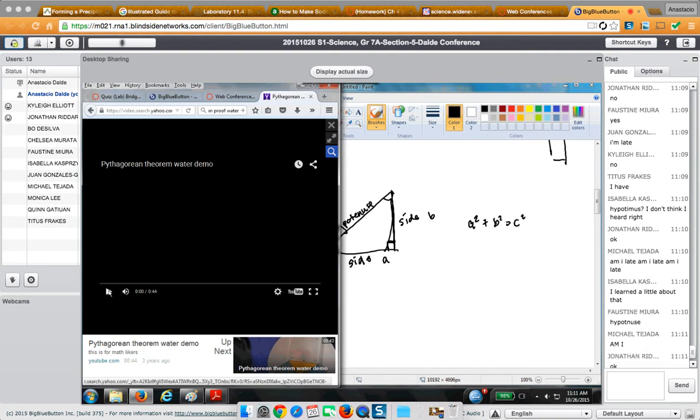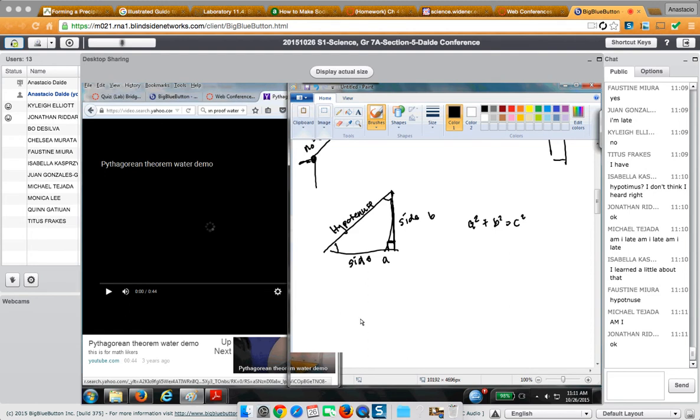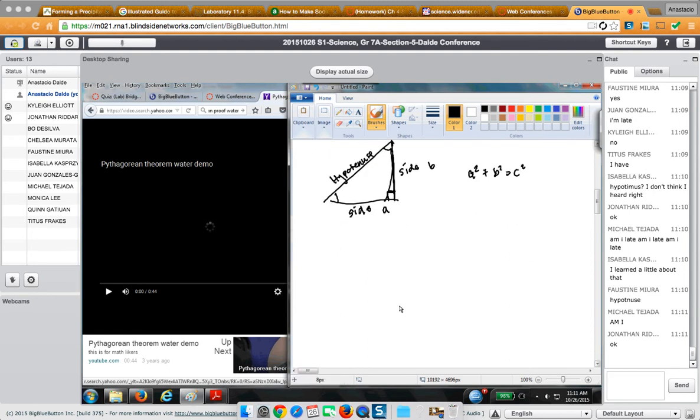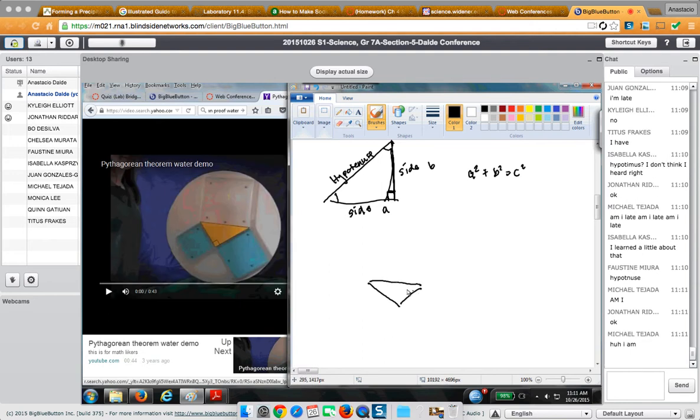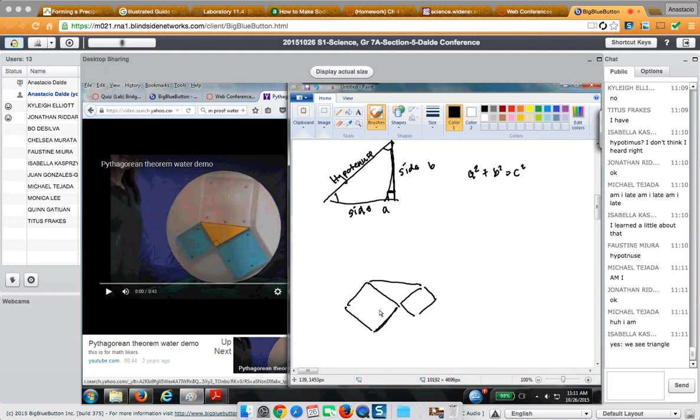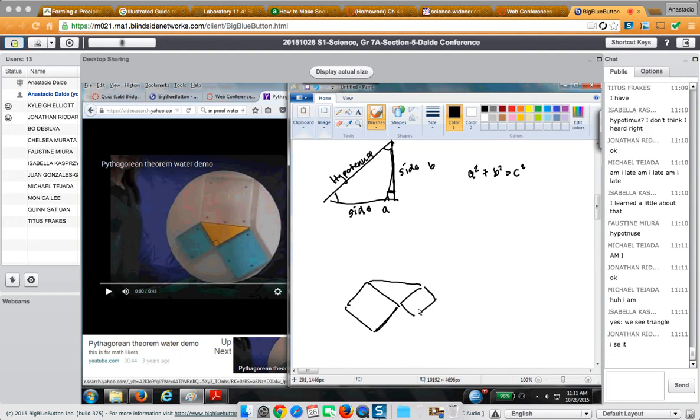But here's what you're going to see. You're going to see a triangle like this, which is that triangle right there. And you're going to see kind of like stuff over here, and there's like blue stuff over here, and the stuff over here is water, okay? And this is a right triangle.